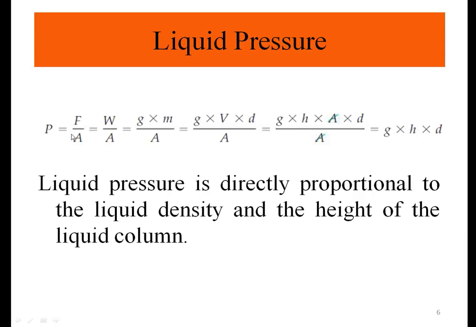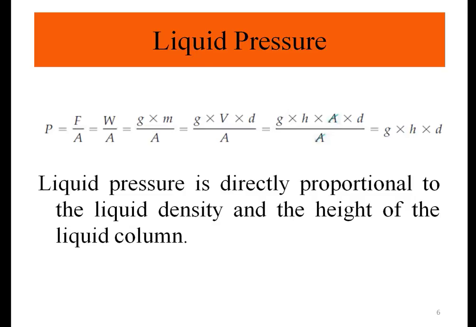If we go back to the original definition of pressure, P is equal to F over A. Force is weight, so we have weight over A, and weight is equal to, as we said, M times G, or G times M. M is mass, and we know mass is equal to volume times density.